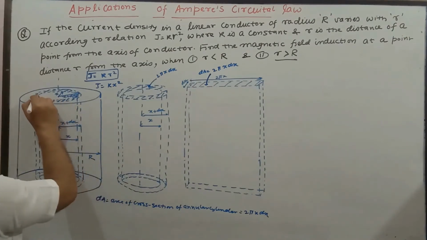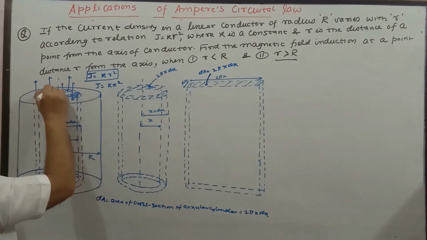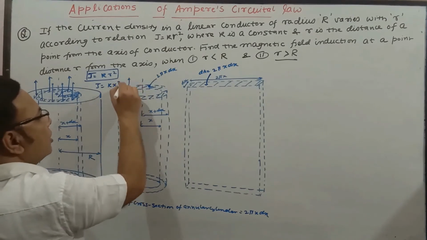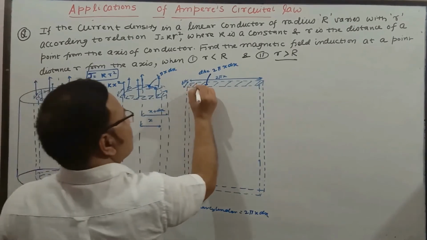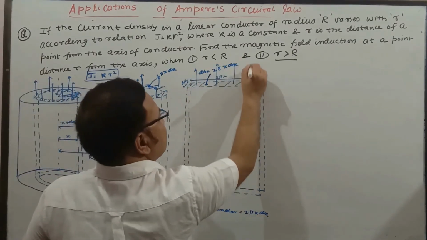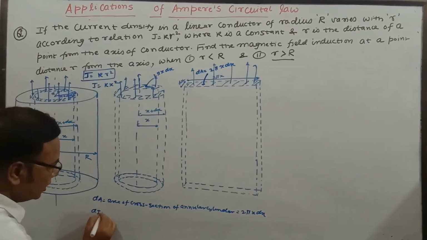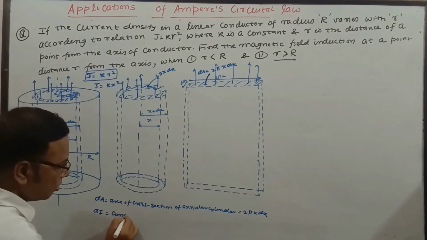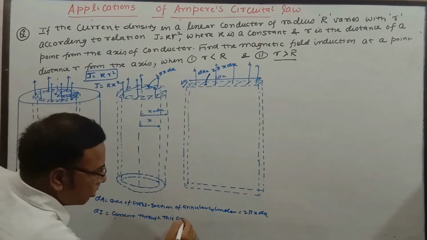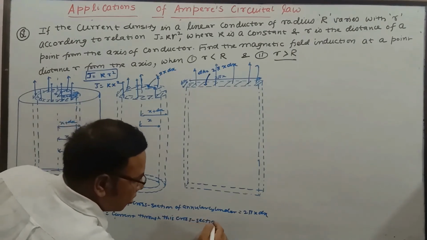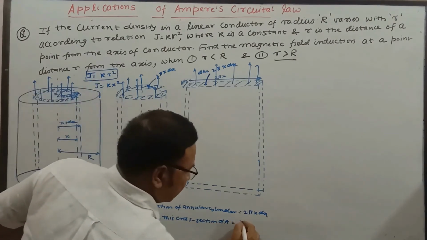Now, what is the current that is coming out from here? From this shaded zone, here also, the same thing, no difference at all. Once again we are going to draw. From this, what is the amount of current that is coming out? That we have to find. So the total current through this annular cross section dA is current density into area, that is J into dA.